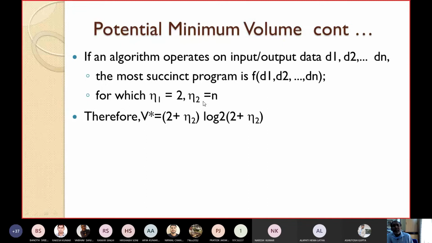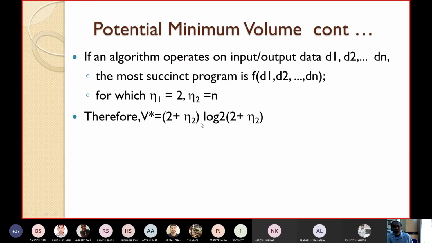Let us assume that the minimum operands required is n, because here we have taken D1 to Dn. So for this most succinct program, eta 1 is equal to 2 and eta 2 is equal to n, because the input data items are from D1 to Dn. Therefore, the potential minimum volume can be defined as V star is equal to how much?